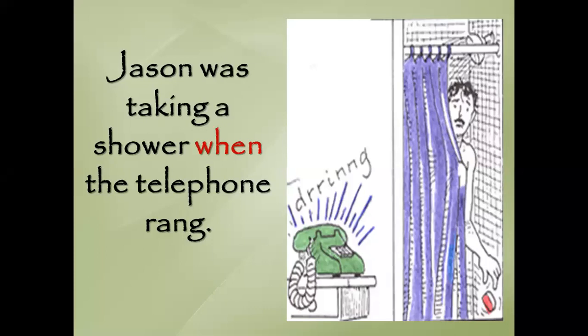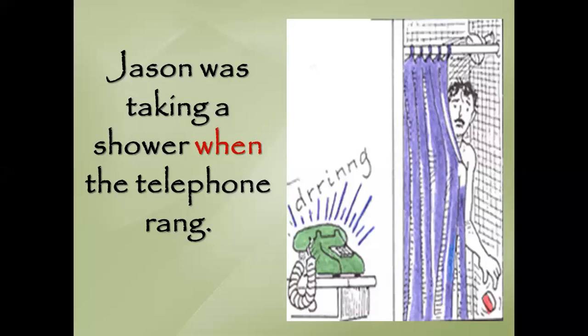Here we have how many actions? How many actions do we have here? Exactly, we have two actions. One of them was long, progressive, continuous, when another short action happened, it took place, it occurred and interrupted the first one.